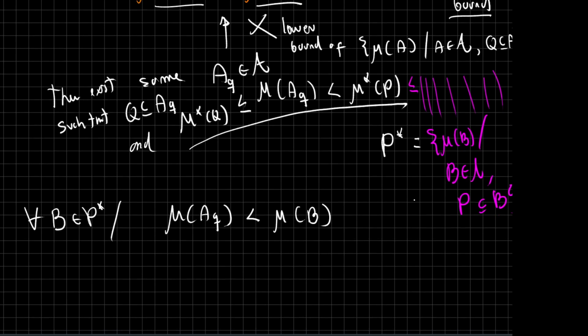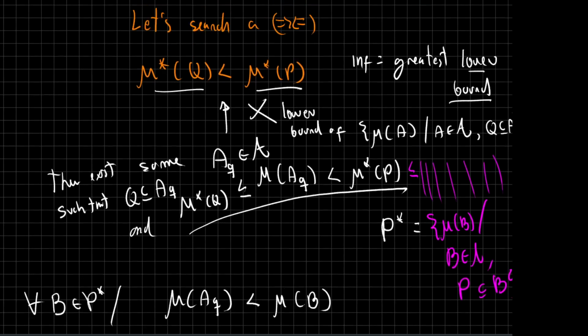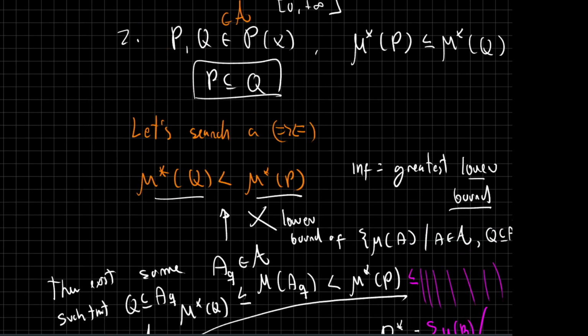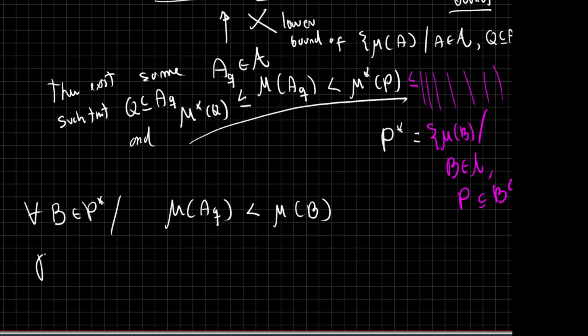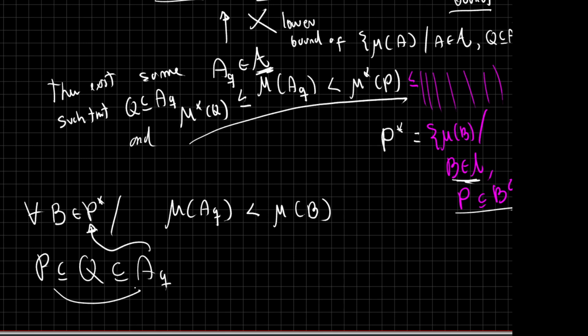Now you need to recall that since this works for every element of P star, and P was a subset of Q, right? We were working under this assumption. So since P is a subset of Q and AQ is a set that contains Q, AQ will be inside P star, because AQ is an element of the sigma algebra that contains P by transitivity, right?